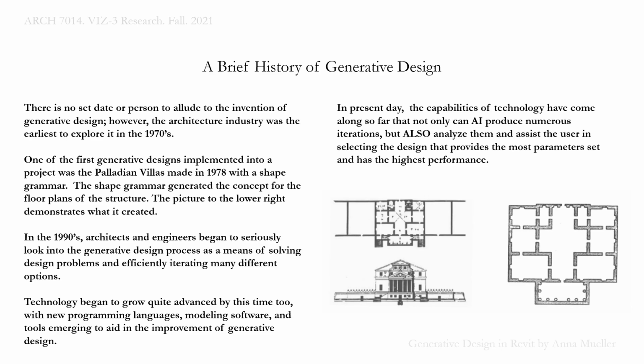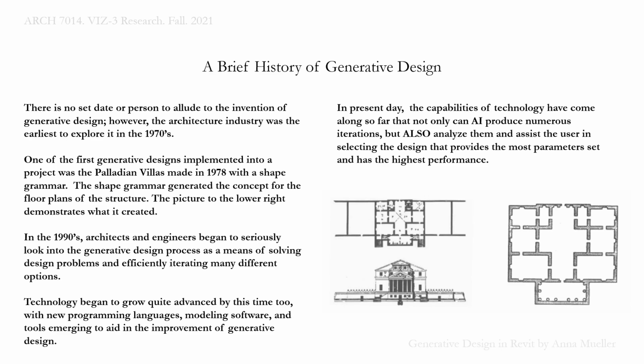In the 1990s, architects and engineers began to really see the potential and take generative design seriously, and they began looking into the technology and improving it so that it becomes even better, so that they can use it for projects.